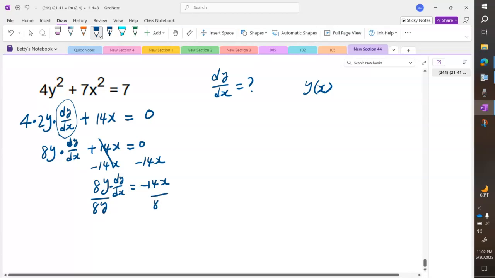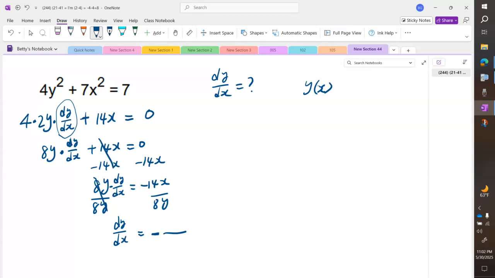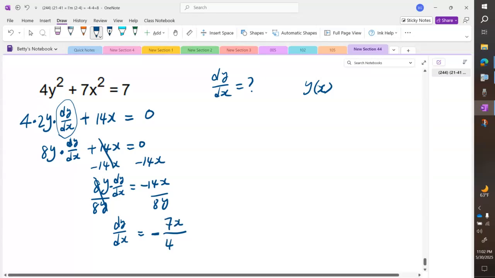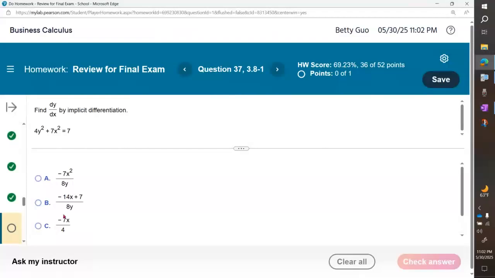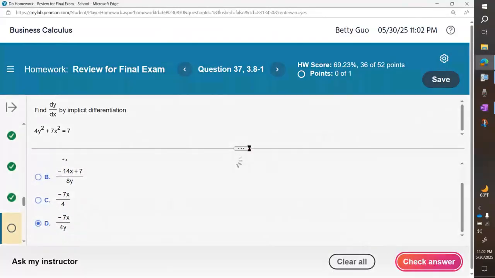Divide by 8y, the 8y cancels, and dy dx equals negative 14 over 8, they both have factor 2, so 7x over 4y. That is the dy dx: negative 7x over 4y. Oh, it's a multiple choice question. Negative 7x over 4y, this one, D.